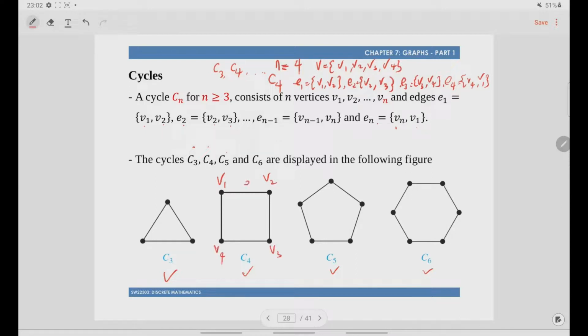Here we have edge E1 connecting V1 and V2, edge E2 connecting V2 and V3, edge E3 connecting V3 and V4, and edge E4, which connects V4 back to V1. So we have an example for cycles.